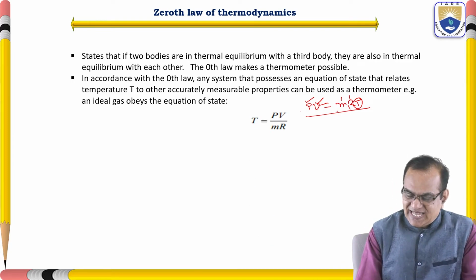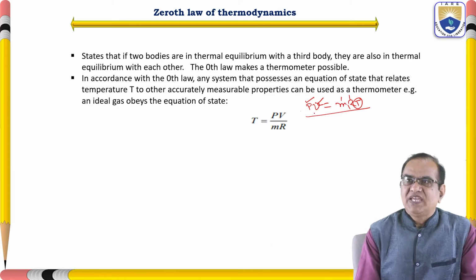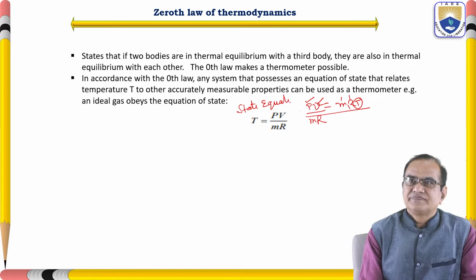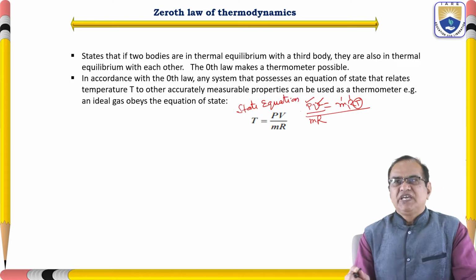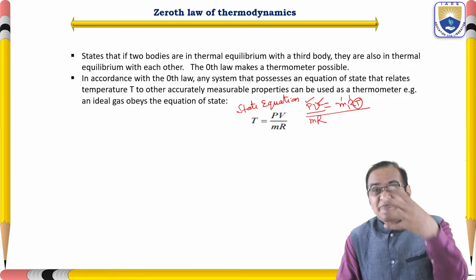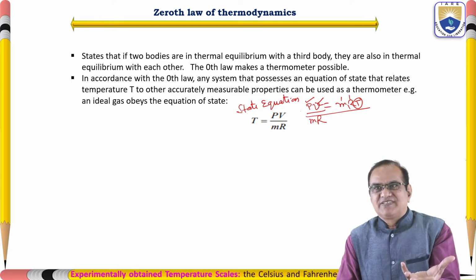So we can see here that T is equal to PV by mR. So this is the state equation, used for measuring the temperature by varying the pressure or the volume of any substance.